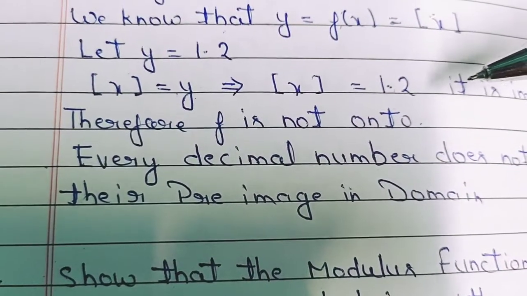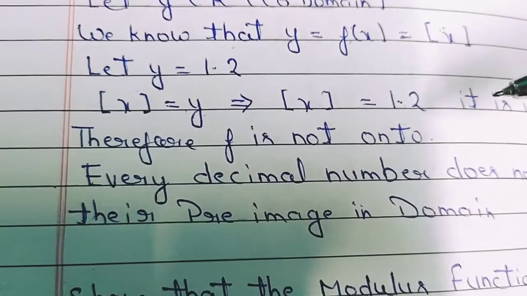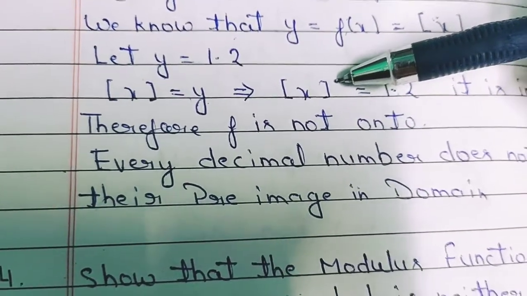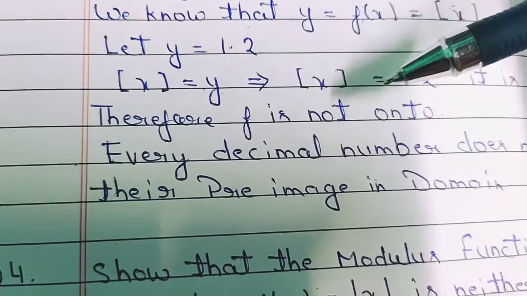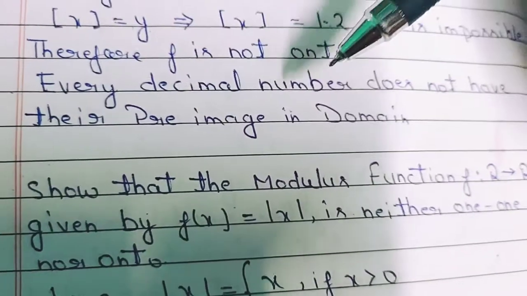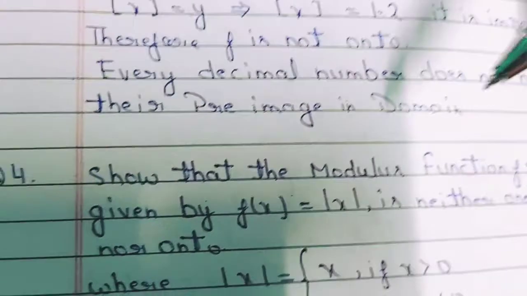There is a problem: we cannot get a decimal answer from the greatest integer function. So it is not possible. Therefore, f is not onto, and every decimal number does not have its pre-image in the domain.